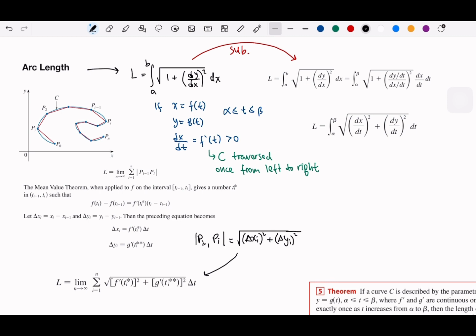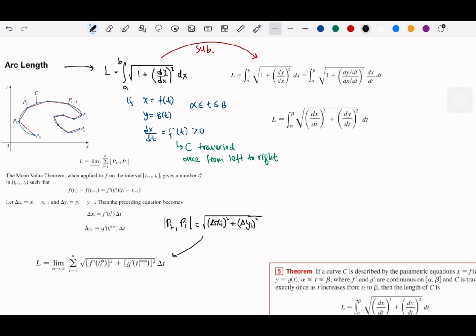Which the final conclusion is pretty similar to this, or we could write the L as from alpha to beta, and we can write this in terms of f prime and g prime. And this is dt, okay? The same thing.